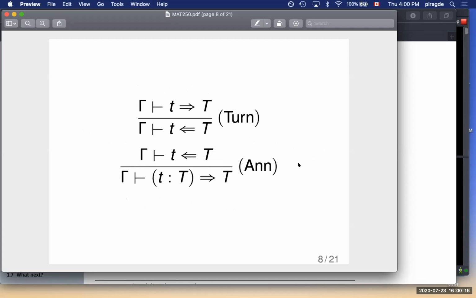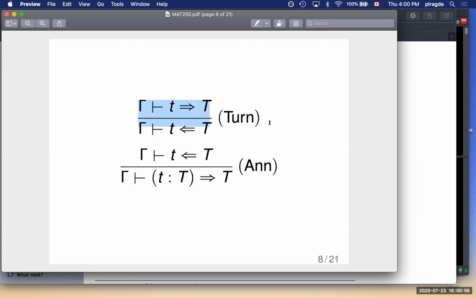Okay, so here are the two rules. The easier rule is the turn rule that says, suppose we're doing checking and we don't have a rule on the previous slide. Well, in order to check that term little t has type big T, we can synthesize using just gamma and t and make sure that what we get is big T. So if we need to do a check and we don't have a rule, let's do a synthesis instead.